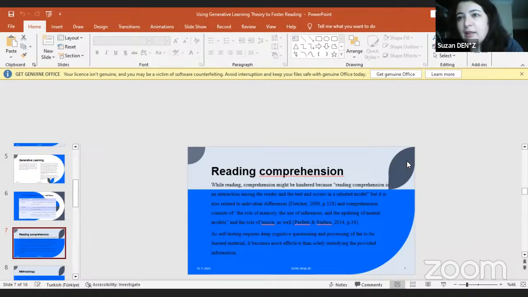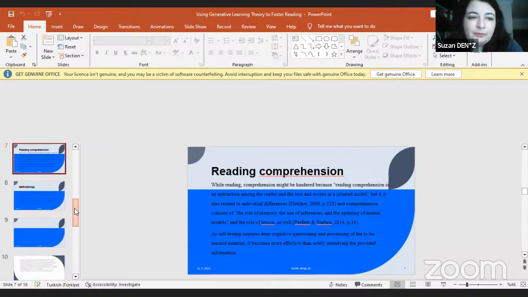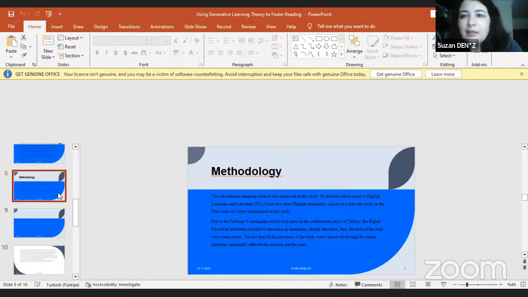So it's a highly complex skill, with several parts of the brain working simultaneously. As self-testing requires deep cognitive questioning and processing of the to-be-learned material, it becomes more effective than solely restudying the provided information. And if we come to the methodology, the convenience sampling method was employed in the study.